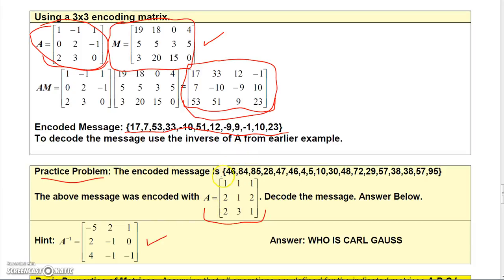Then you'll put the encoded message in a 3 by something matrix form, and multiply the inverse matrix times the new matrix that you get. And then when you get done, you should be able to read the answer, sort of a creative math answer here. Who is Carl Gauss? So you can give that a try.